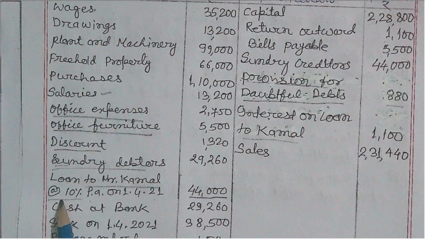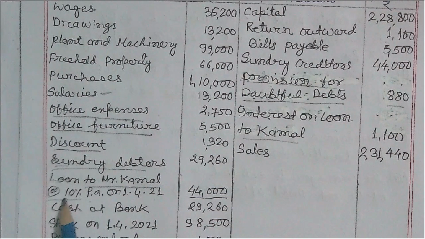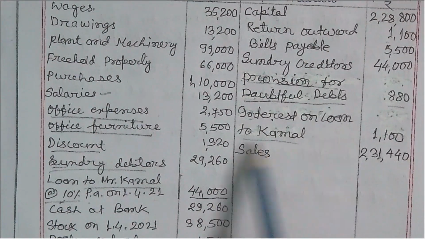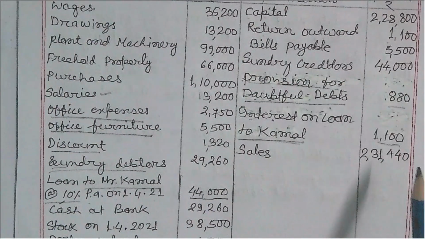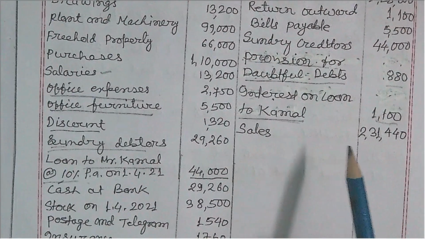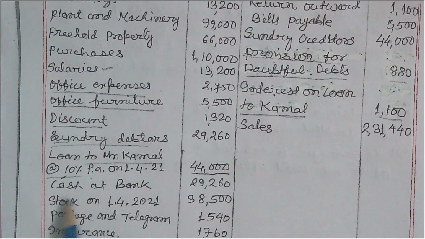So annually you will get interest amount 4,400 and it is your income, and here it is showing interest on loan to Kamal, that is 1,100. Only part amount received and the remaining part amount is accrued, not yet received.